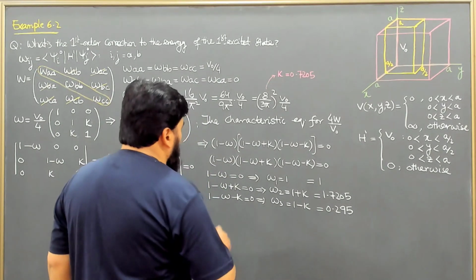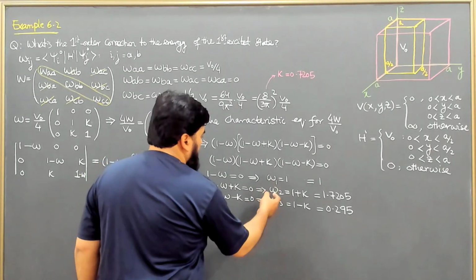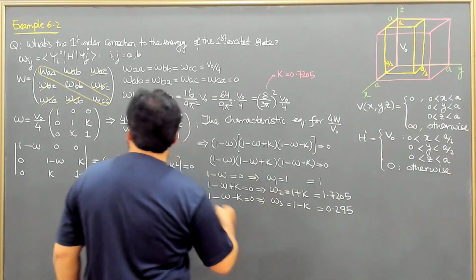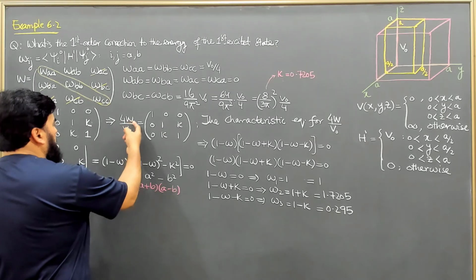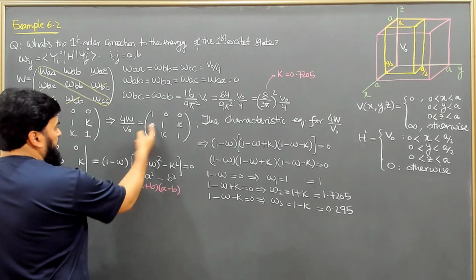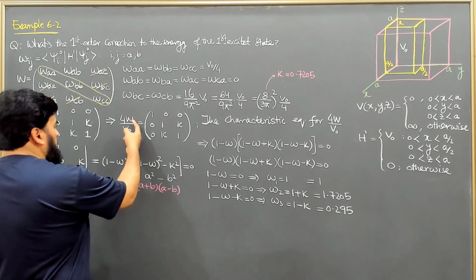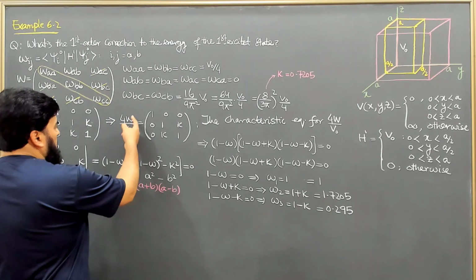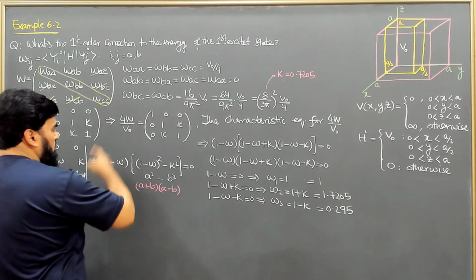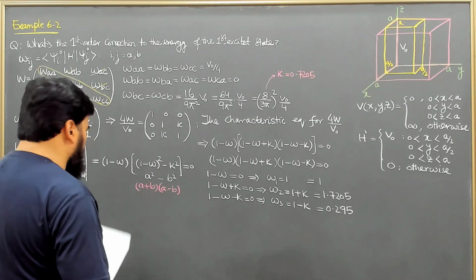So this means that we have found the values of w1, w2 and w3. So for w over V0 we have calculated: 4w1, 4w2 and 4w3 over V0.